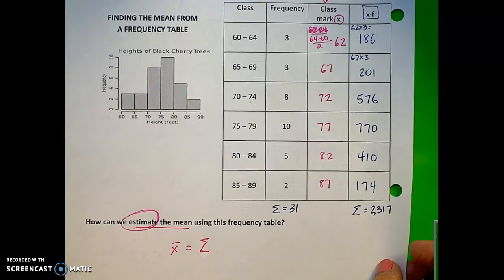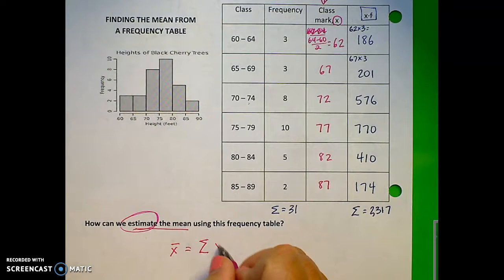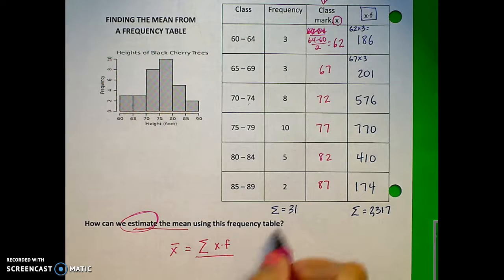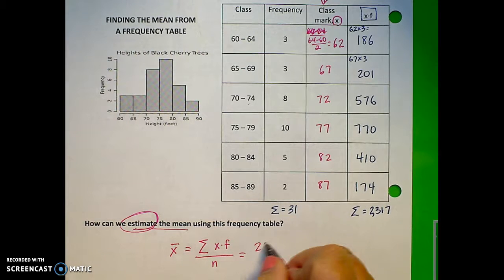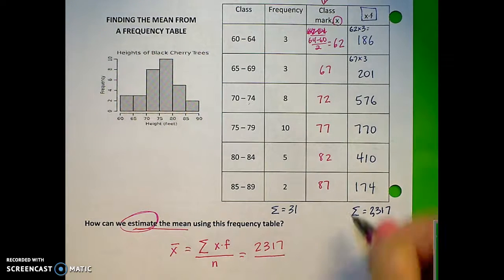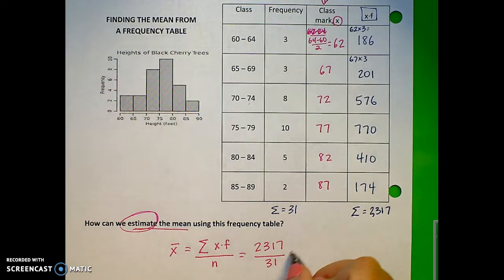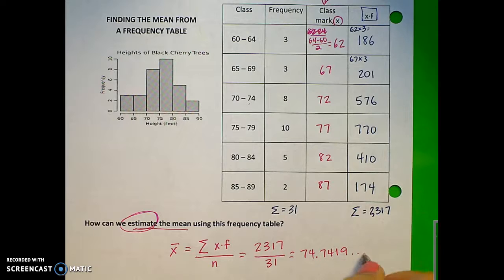So it's the sum of all the x times f values divided by n, which is the sample size. Okay, so 2,317 is the sum of the last column divided by 31. Equals 74.7419 and a bunch of change.